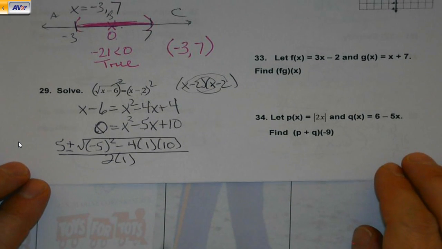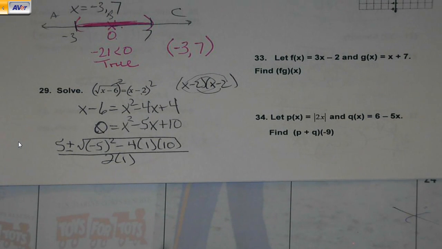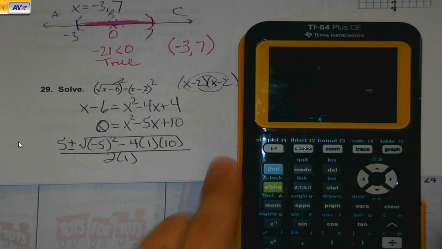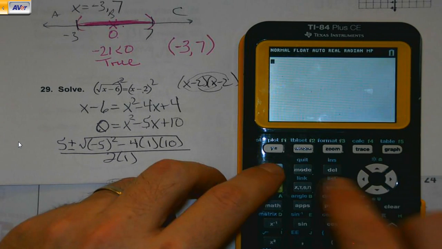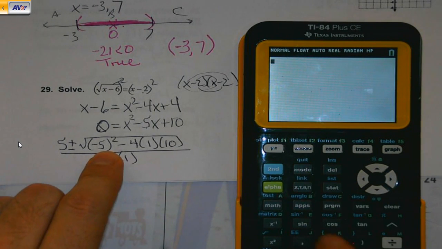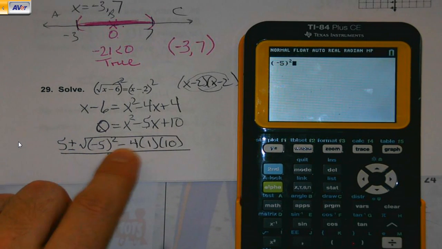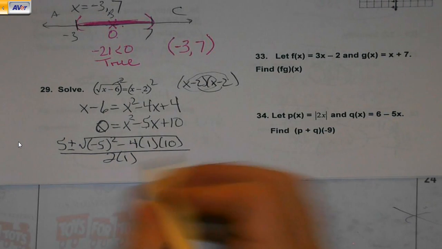And again, since we're looking for exact values, if you're going to put this part into the calculator, I would do it without the radical, negative 15.